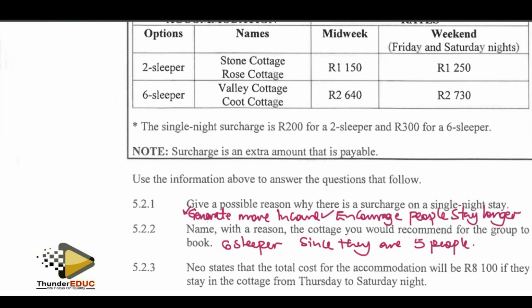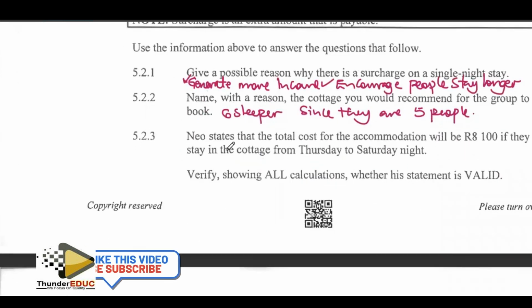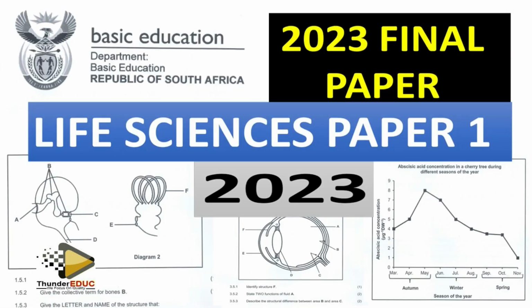All right, 5.2, 5 marks. It says the owner states that the total cost for accommodation will be 8,100 if they stay in the cottage from Thursday to Saturday night. Verify, showing all calculations, whether the statement is valid.